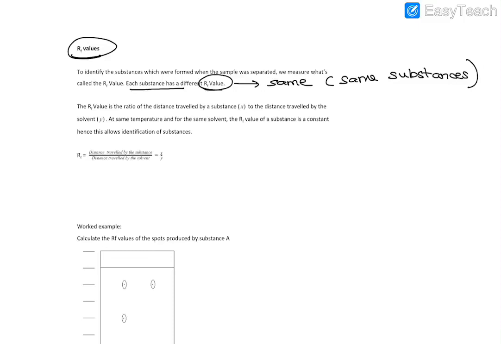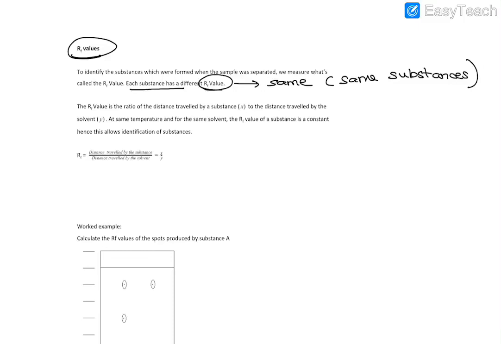So for example, aspirin would have a specific RF value. So if one person in Mauritius is analyzing aspirin, another person in the UK is analyzing aspirin, when they compare, the RF values should be similar.